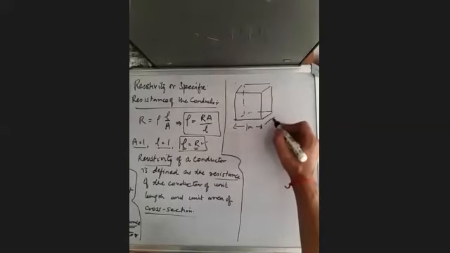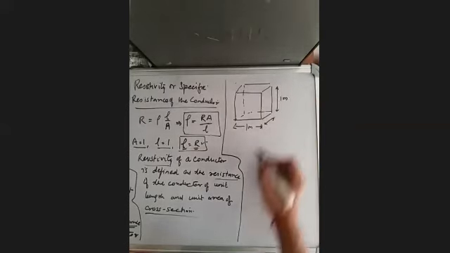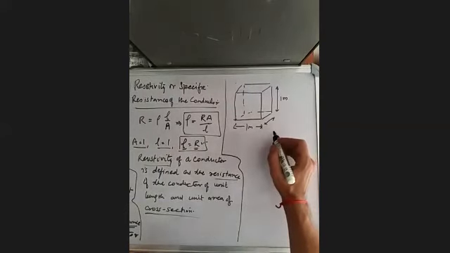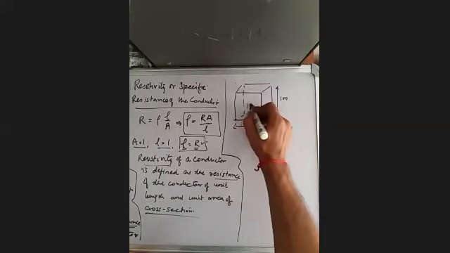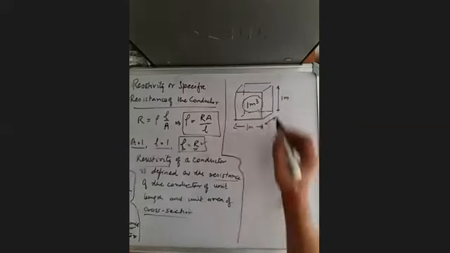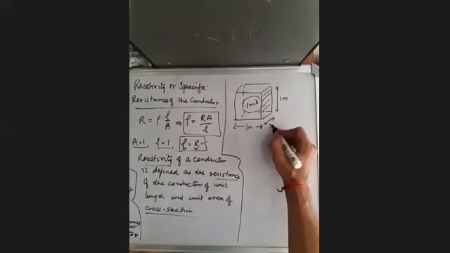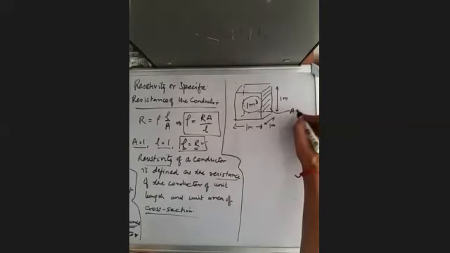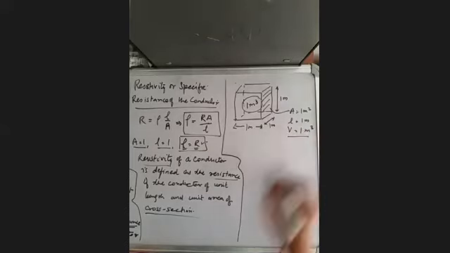So this is also 1 meter, this is also 1 meter. So this becomes 1 meter cube, that is the volume, and its area will be 1 meter by 1 meter. So area will be 1 meter square, length is 1 meter, and its volume is 1 meter cube. Okay, so each side is 1 meter.